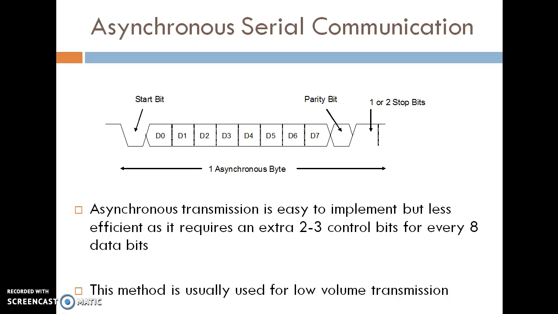It is an optional bit, and D0 to D7 are the data bits, which is the actual data to be transmitted. Asynchronous transmission is easy to implement but less efficient, that is slower, as it requires an extra 2-3 control bits for every 8 data bits.